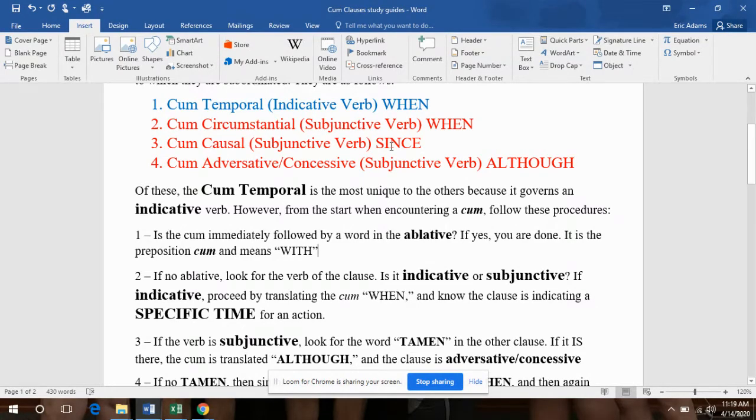If it seems that the cum clause is giving the cause or the reason for a main action, and since makes a better translation, then it's obviously going to be that. But if it seems as though it is giving you a circumstance of something occurring, then when would sound better, and it is going to be that one.